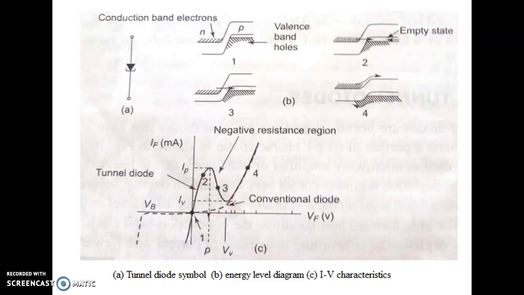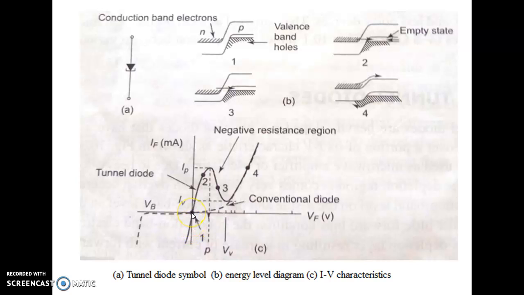Let's see how this tunnel diode behaves in forward bias. When the forward bias voltage is 0, you see here the IV characteristics of the tunnel diode: voltage along the horizontal axis, that is the x-axis, and current along the y-axis.